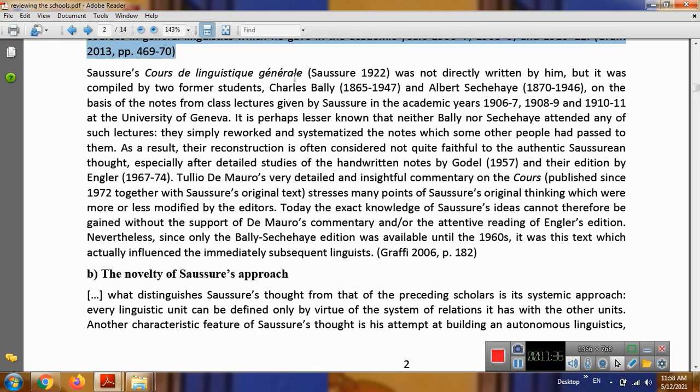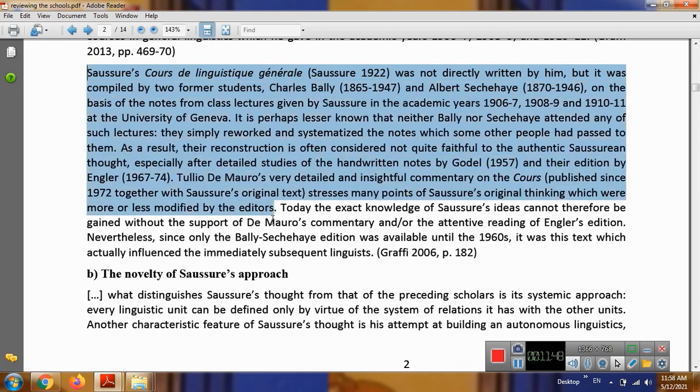Saussure's Course in General Linguistics, his famous book of 1922, was not directly written by him. It is important. I think you are familiar with this matter.